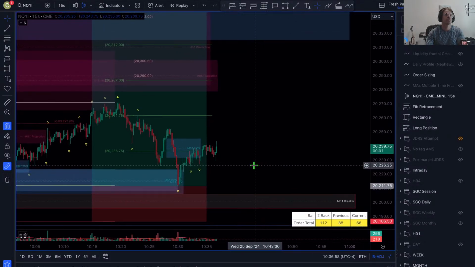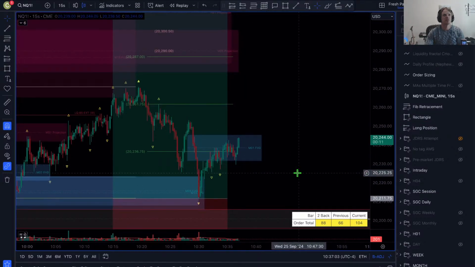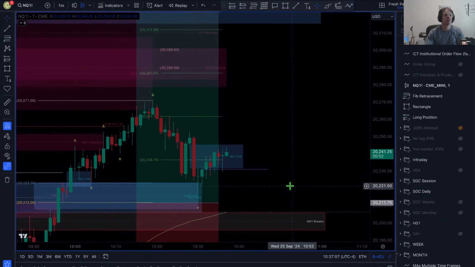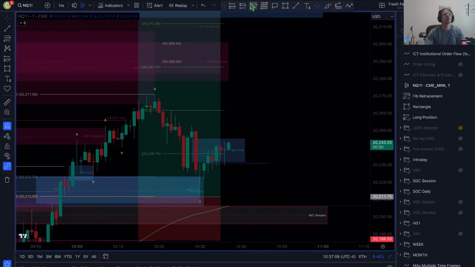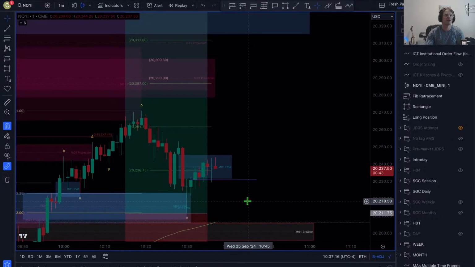Yeah, trying. So that would be the M1 fair value gap. That would be sort of reversal PA for the continuation, which effectively would give you this new entry, right? Yeah, I want to see it.